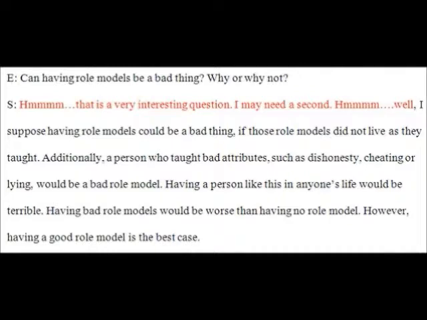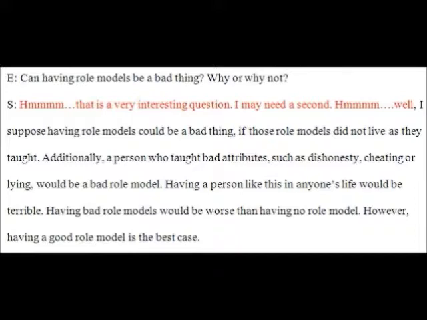Additionally, a person who taught bad attributes such as dishonesty, cheating, or lying would be a bad role model. Having a person like this in anyone's life would be terrible. Having bad role models would be worse than having no role model. However, having a good role model is the best case.